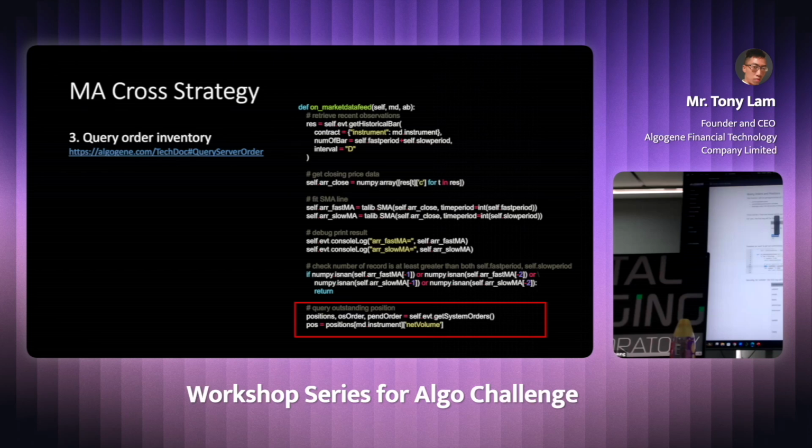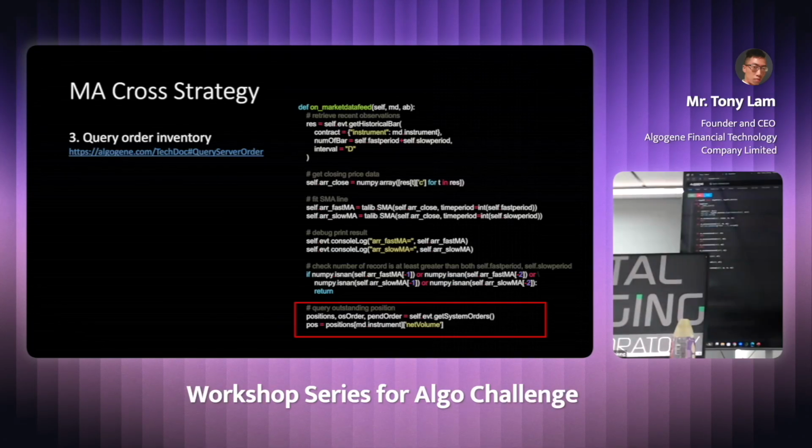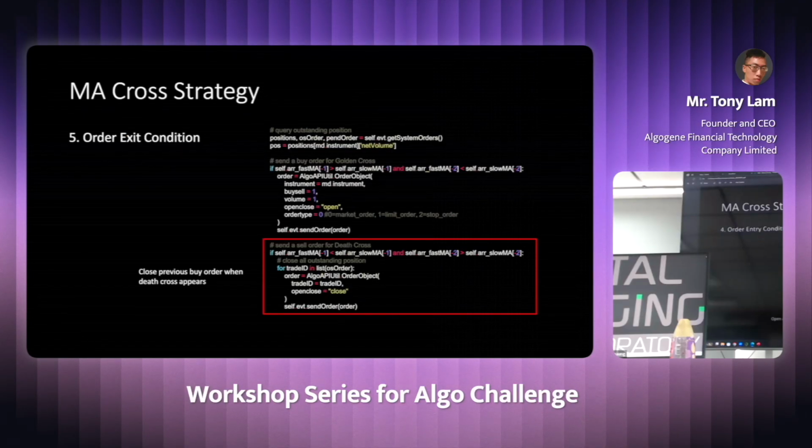And if this number is negative, that means we have a short position. After we get the following values, we will check for the golden cross signal.